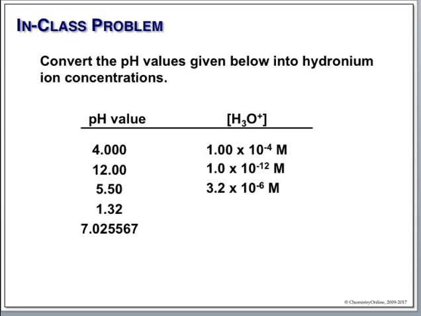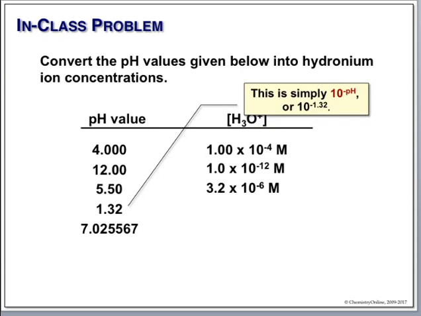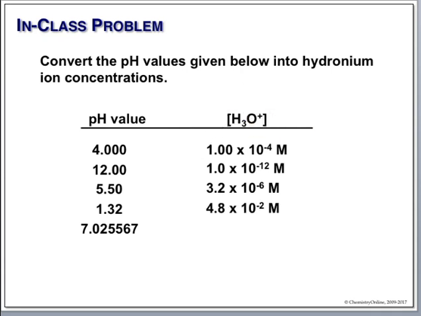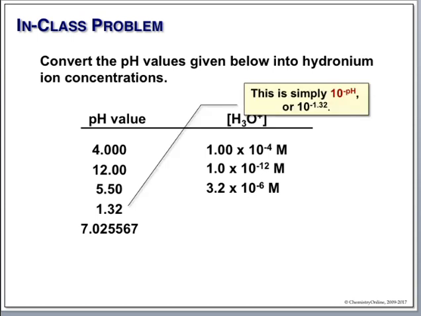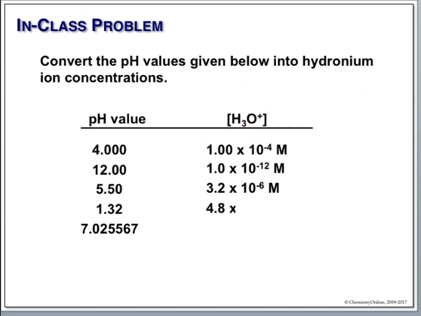What do we type in? Minus 1.32. And hit 10 to the x. Where'd you get 3.2 from? Ten to the minus pH, 10 to the minus 1.32, 4.8 times 10 to the minus 2.